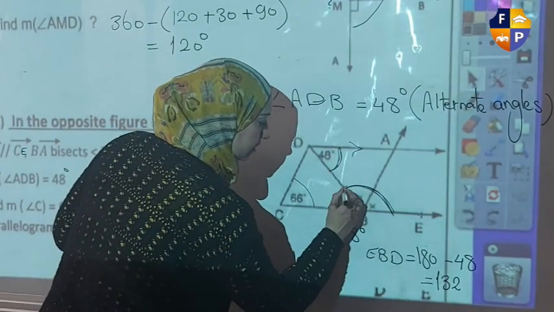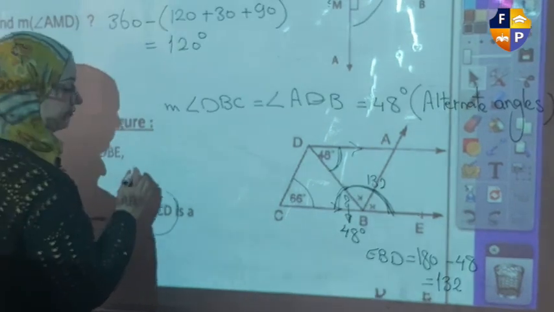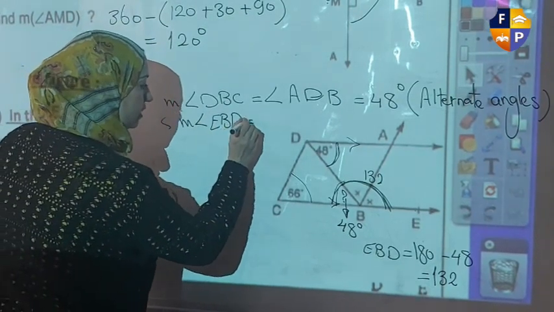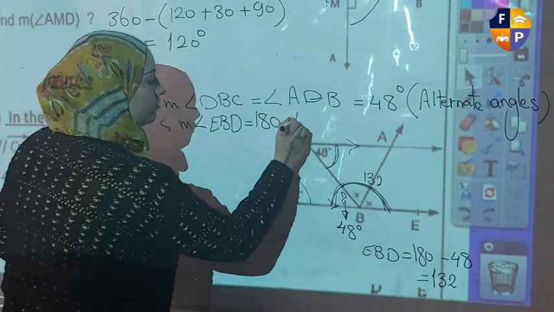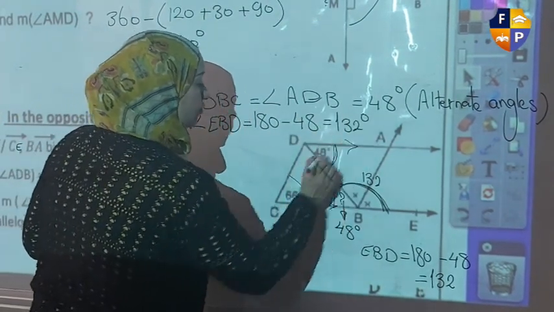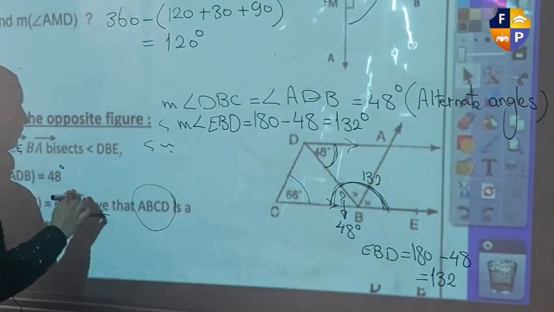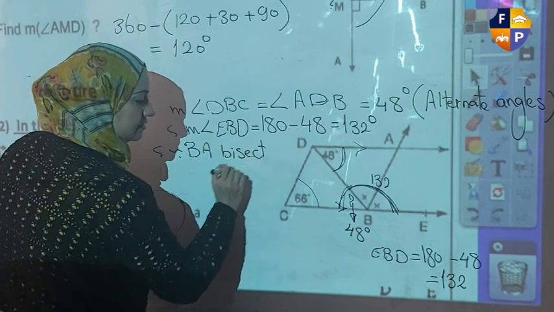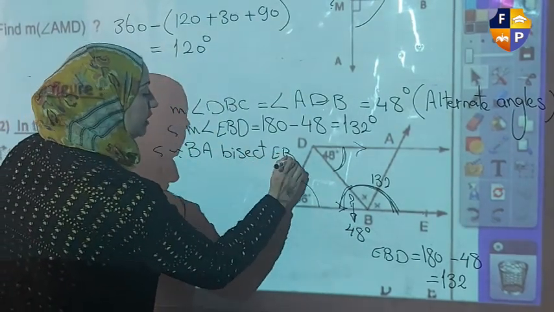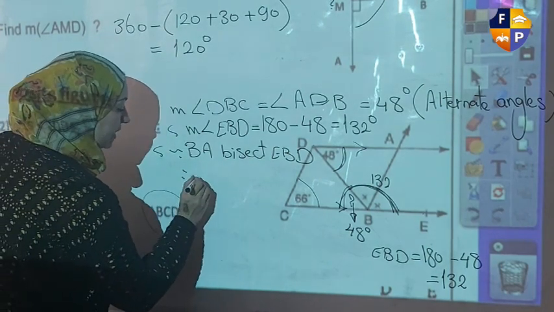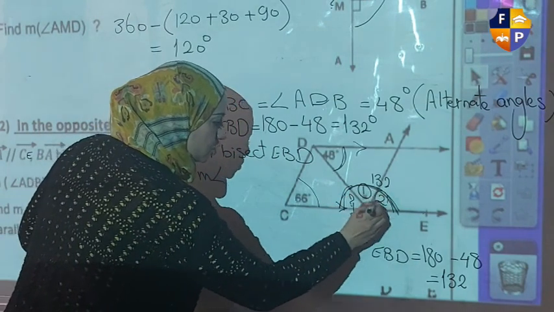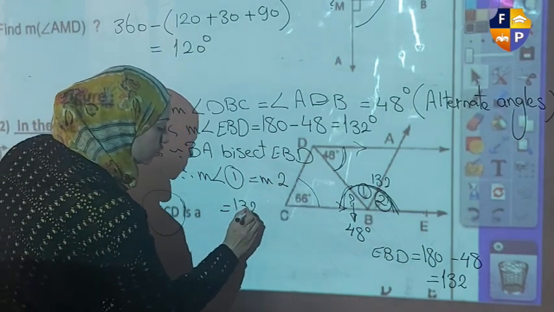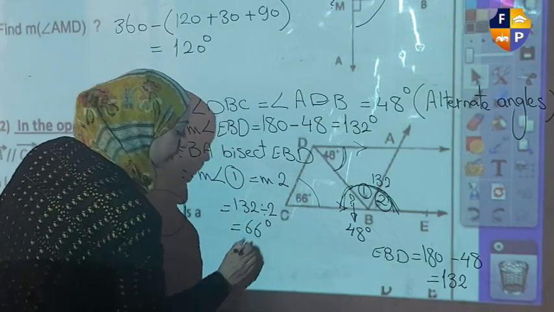Okay, this angle equals 132. And since DBA bisects angle EBD, then measure angle 1 and angle 2: measure angle 1 equals measure angle 2 equals 132 divided by 2 equals 66 degrees.